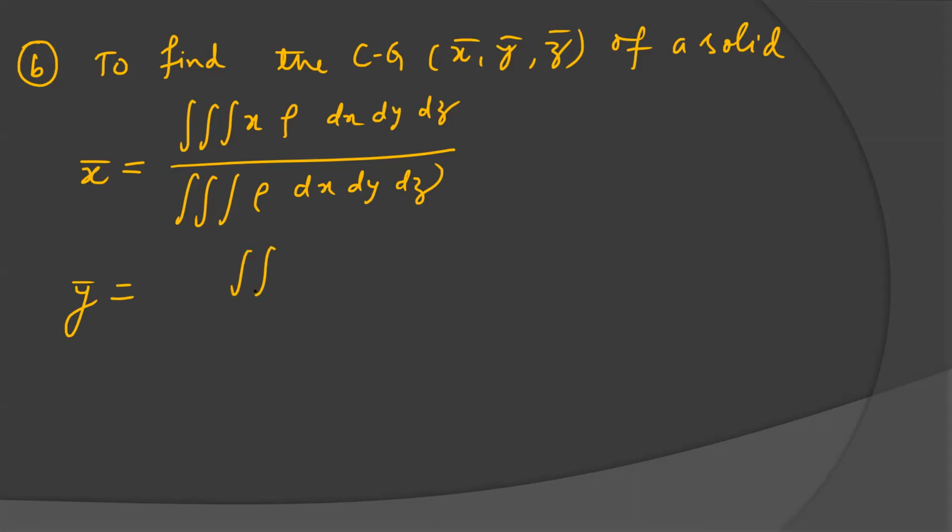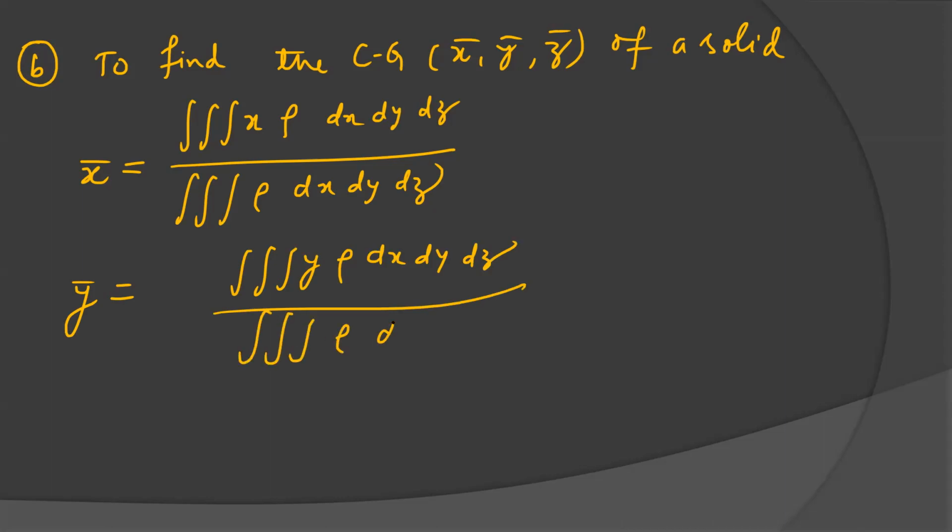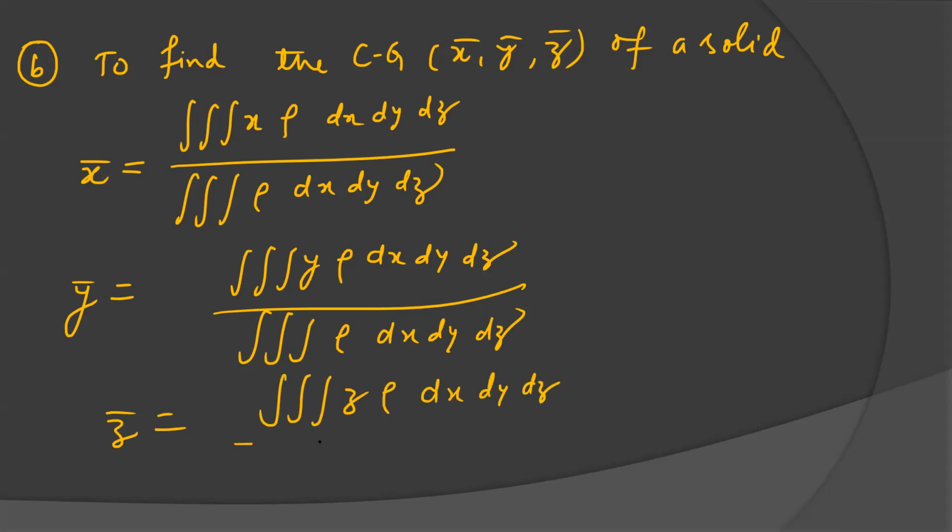Similarly, y bar is y into rho dx dy dz over total mass, and z bar is z into rho dx dy dz over total mass. It means if you are going to find the center of gravity, you have to ultimately evaluate the mass also.